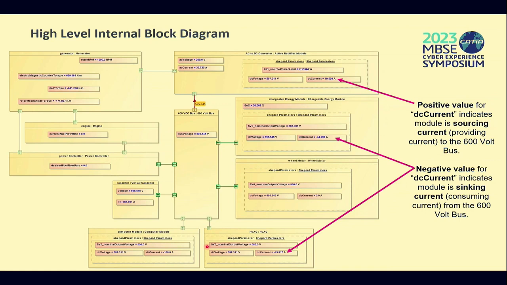So that is how it's charging itself, because it happens to be on that left side of the S-curve at the moment in this snapshot. But then there are also some values at the very top that show a positive value for current. And what that means is that module is actually providing power to the bus because it has a positive value for current. So that's how you can know whether or not something's providing current or consuming current, is simply with that positive or negative value for current.